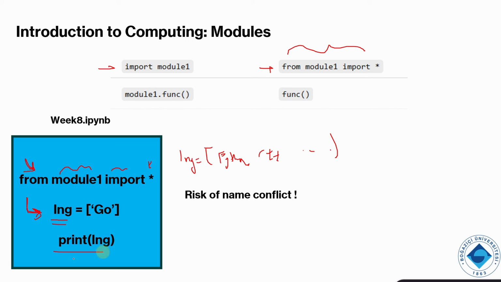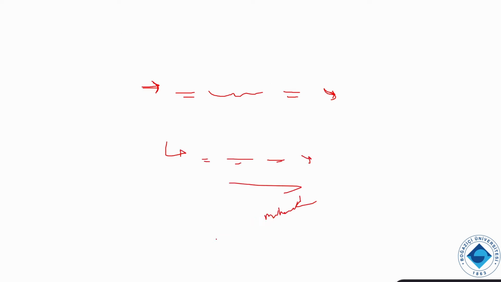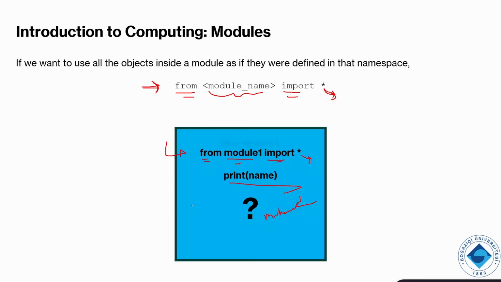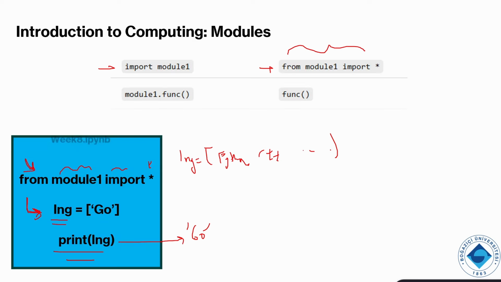And if I write print language, what are we supposed to see here? Are you gonna see Python, Java, C++, JavaScript, or are you gonna see just Go? So you will see Go. So there is a name conflict.